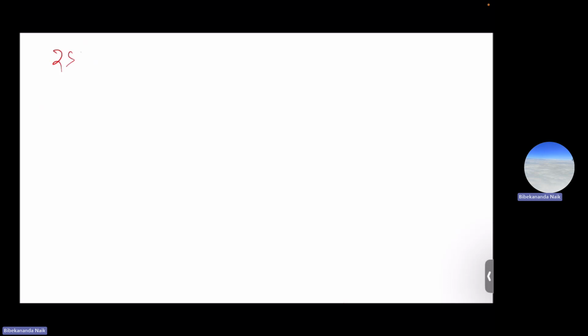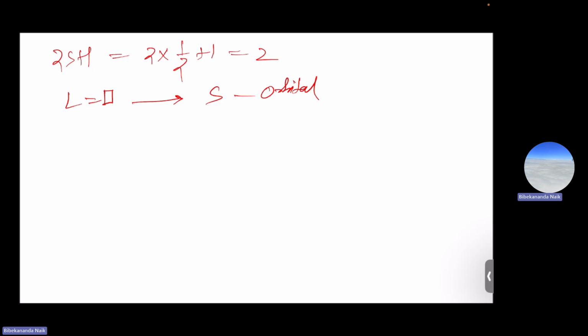So 2S plus 1 is 2 into half plus 1, which is 2. Then L equal to 0 means S orbital. Then J is half, the total angular quantum number.